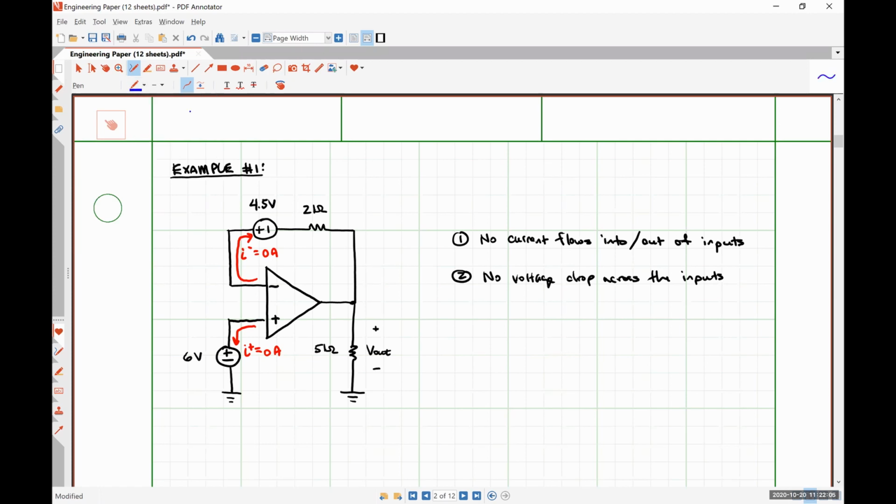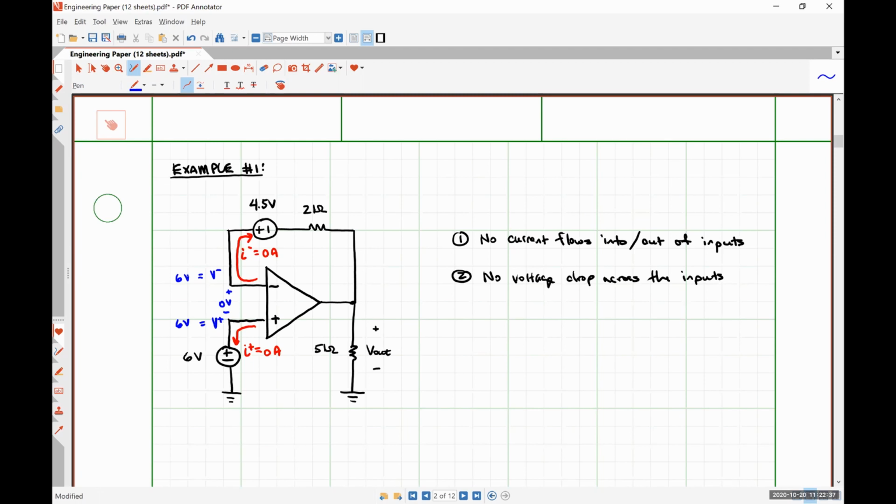Applying op-amp rule number 2 says that there's no voltage drop across our input terminals. So we could interpret that as this voltage V plus with respect to ground is obviously 6 volts. And so this voltage V minus with respect to ground must also be 6 volts.